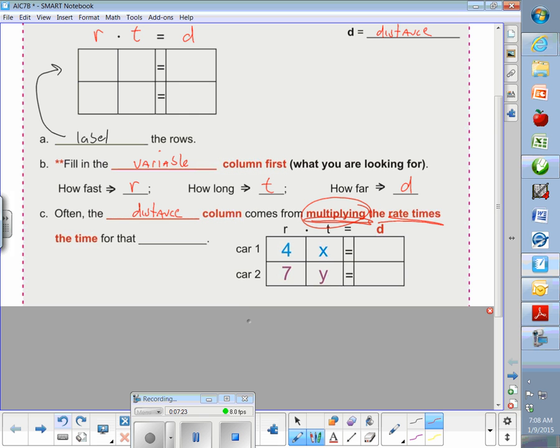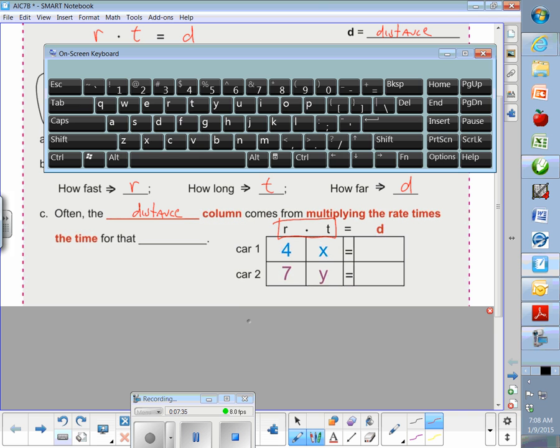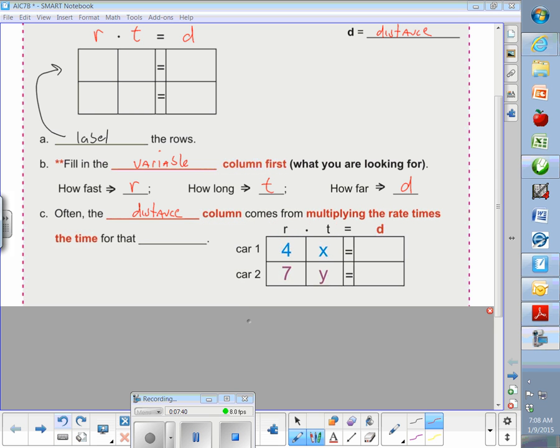Now, why in the world would you ever multiply the rate times the time? Look at the formula. Rate times time equals what? Distance. So it makes sense. So often your distance comes from multiplying the rate times the time.